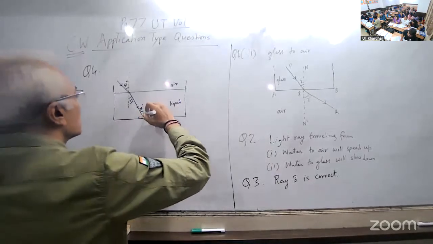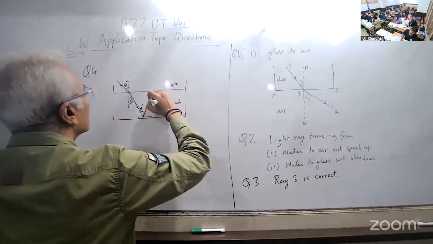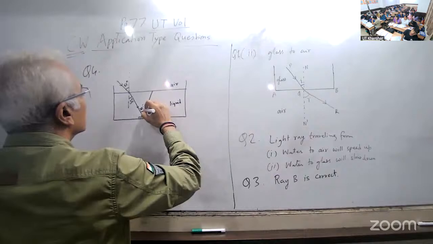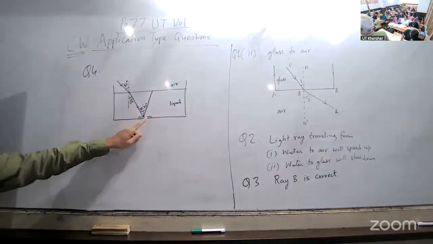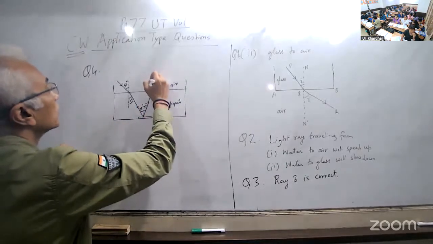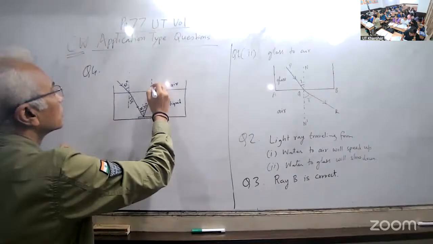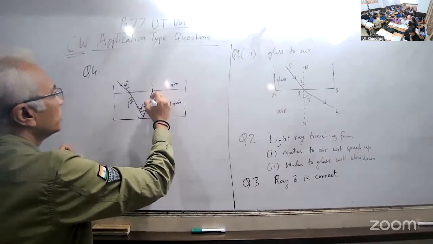So now what happens here? Again, this is 30. Since this is a reflected angle, it must be 30. Again, normal. So this is also 30.